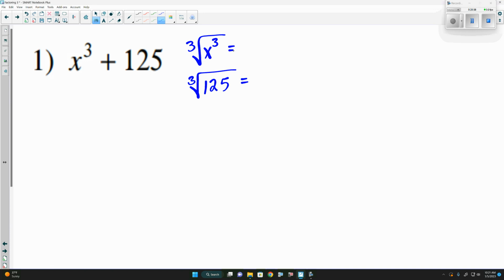The cubed root of x to the third is x. And the cubed root of 125 is 5.